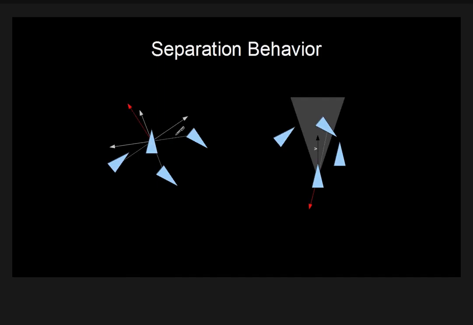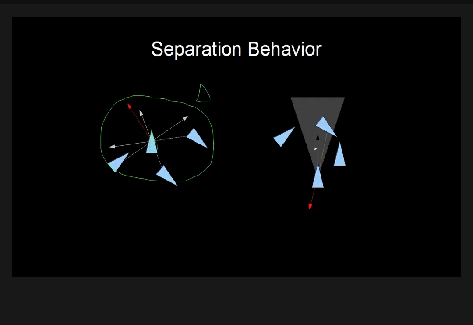For example, imagine a circle and we are standing in the center of the circle, and all agents within this neighborhood circle are of interest for our calculation. All other agents outside of the circle are not of interest because they are too far away, and they do not influence us in our decision where to steer.